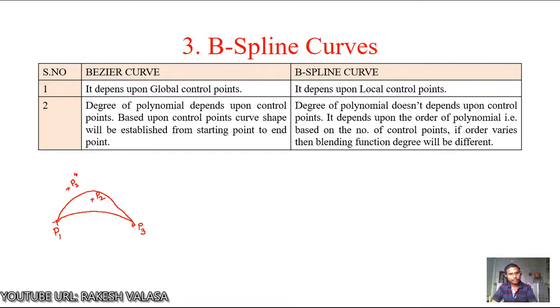In the previous one, P1 to P3 was the resulting curve. After I move the control point from P2 to P2 star, this is the resulting curve. So this curve totally depends upon global control points.